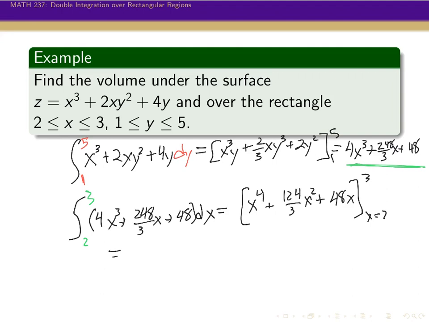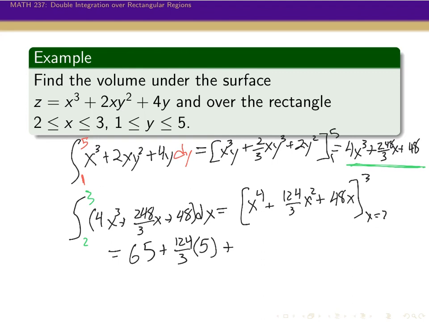So what do we get at the end of this? So 3 to the fourth is 81 minus 16. 81 minus 16, we already did that. That's 65 plus 124 over 3 times 3 squared is 9 minus 2 squared, so 9 minus 4 is 5.